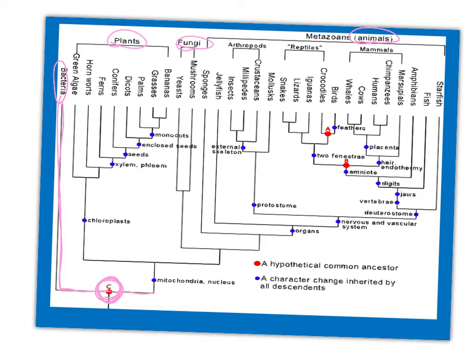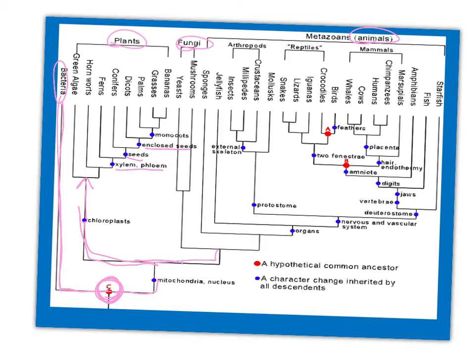And then we had our mitochondria and nucleus come up. And so all these things are going to be eukaryotic. Okay, so we have our chloroplast, and so all the plants will have the chloroplast. And then you have different things that come up, like the vascular tissue, the seeds, enclosed leaves, that would be flowers.